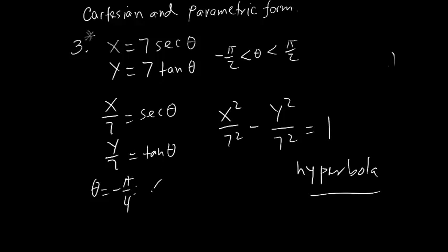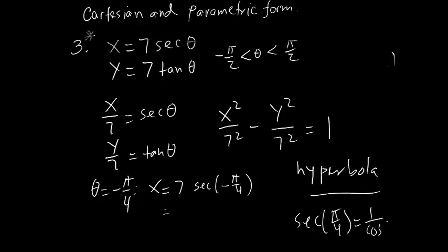So then what happens? x equals 7 secant negative pi over 4, and you know that secant is the reciprocal of cosine, so secant pi by 4 is the same as 1 over cosine pi by 4, right? And cosine pi by 4 is radical 2 over 2, so ultimately you are getting 2 over radical 2.